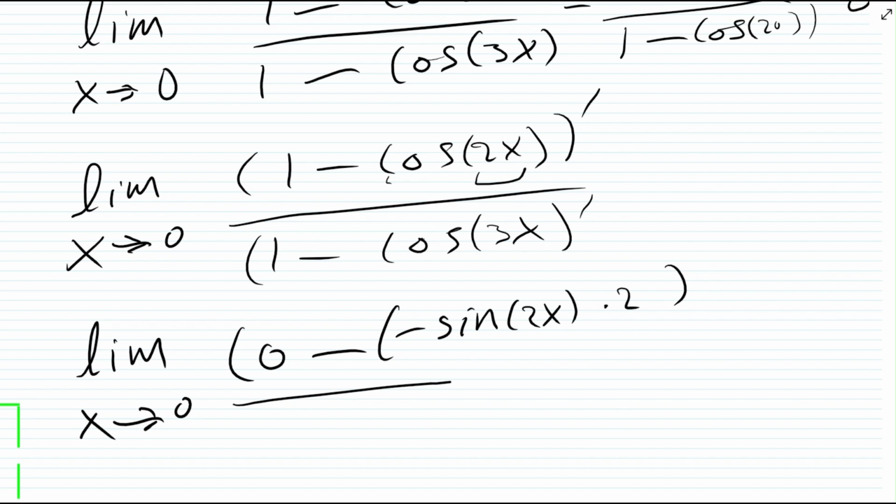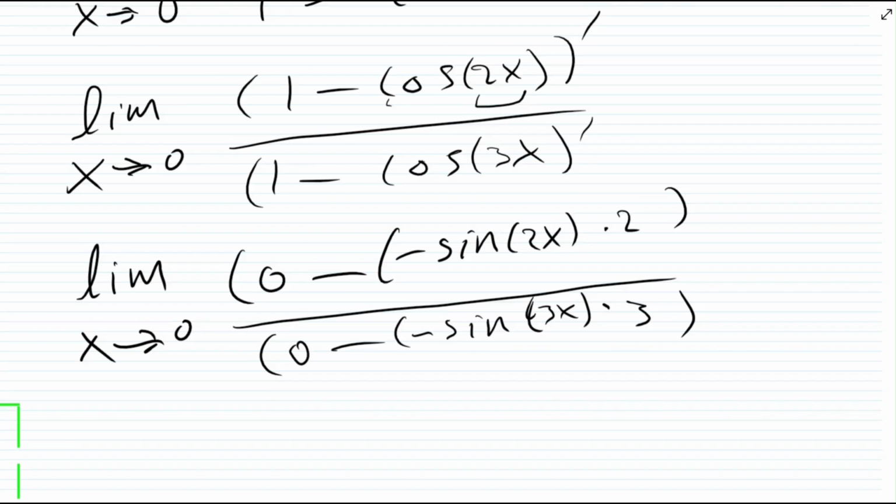Then the same thing is going to be in the bottom as well. But this time around, we're going to multiply by 3 because the derivative of 3x is 3.